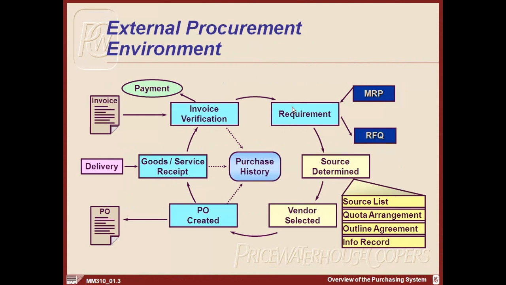Auto generate is a generic word, but auto means what? For example, if the site requires the particular material regularly, once in 10 days, once in 15 days, they will set up in the system, so every 10 days or 15 days the requisition gets generated. Fair enough.